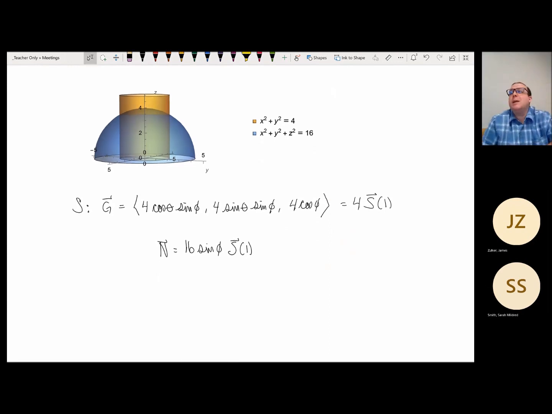Now we need the domain. Well, theta is fairly obvious. Theta will go 0 to 2 pi.